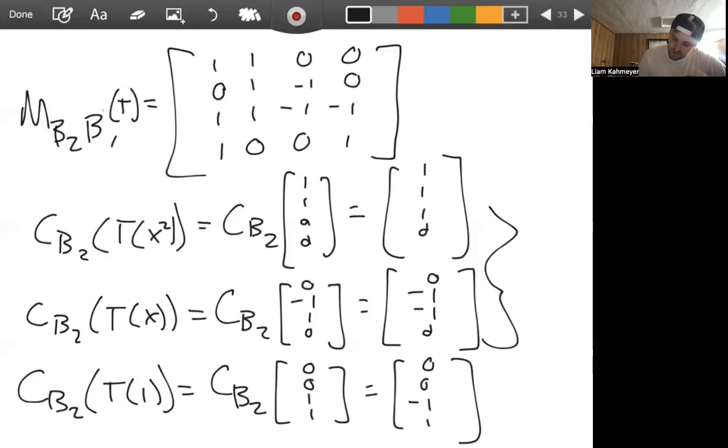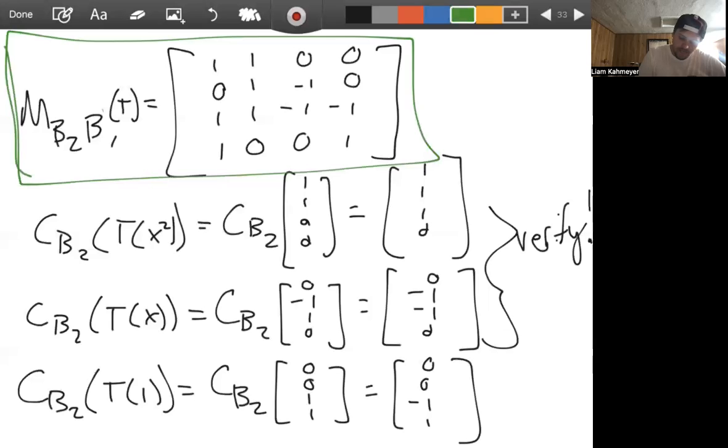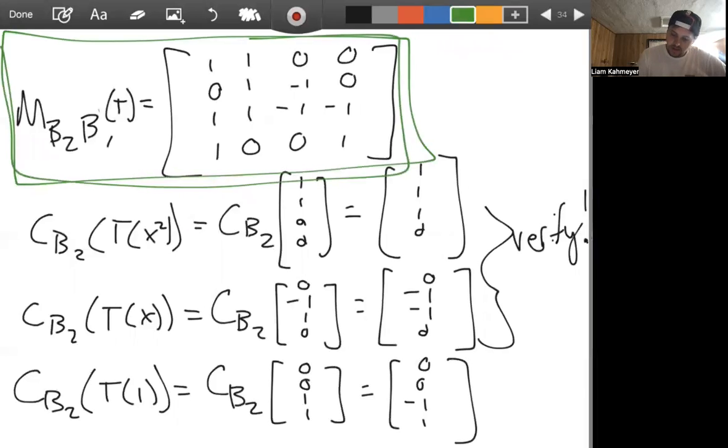And so I want you to verify that my calculations are not incorrect. And that means this matrix here. So let's write this out in its entirety.